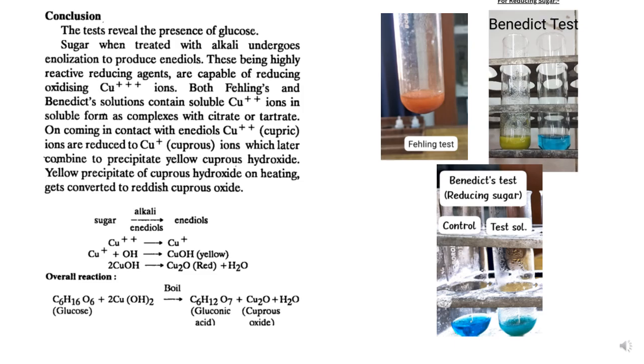So this gives the color. Here is the overall reaction: glucose is a monosaccharide, which in the presence of Cu2+ ions, when it is boiled, gives rise to gluconic acid and cuprous oxide.